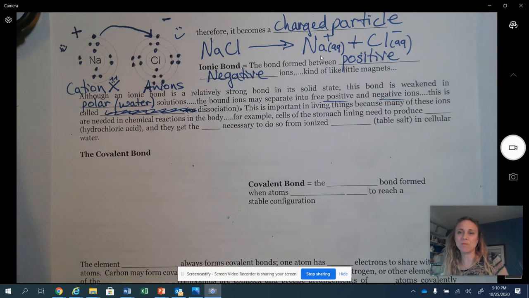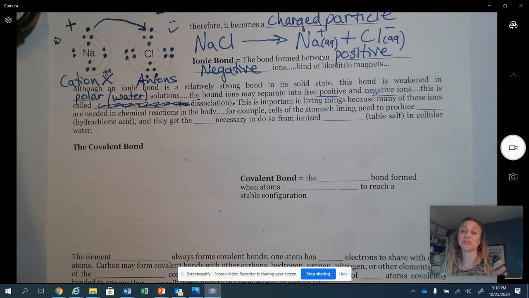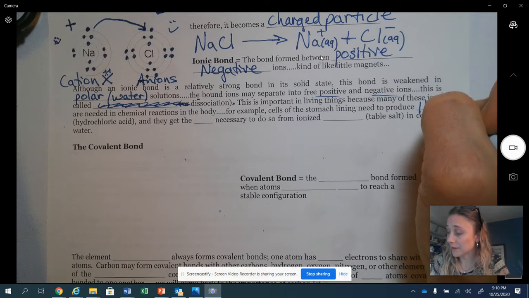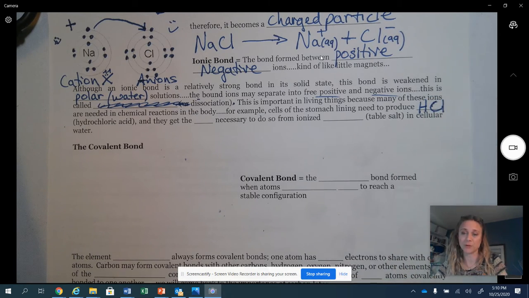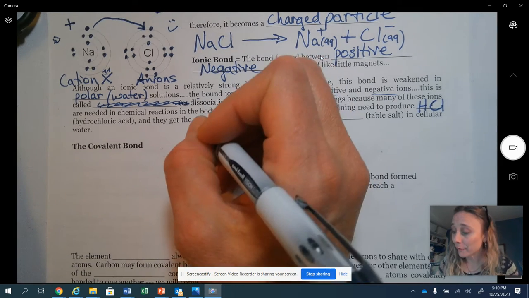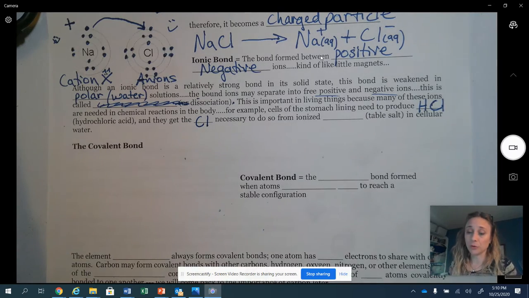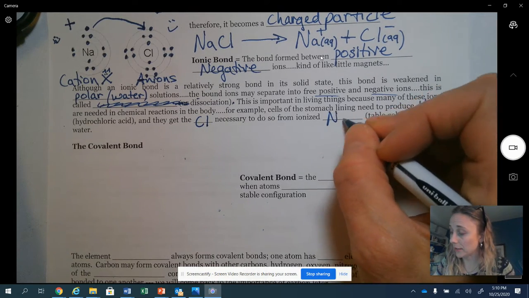This is important because many of these ions are needed in chemical reactions in the body. For example, the cell lining of the stomach needs to be able to produce hydrochloric acid. That's 1 hydrogen ion and a chlorine ion, or chloride ion. You put an IDE ending on an anion that is negatively charged when it's a single element anion. And so it needs the chlorine from the table salt in order to make this necessary chemical in your body.